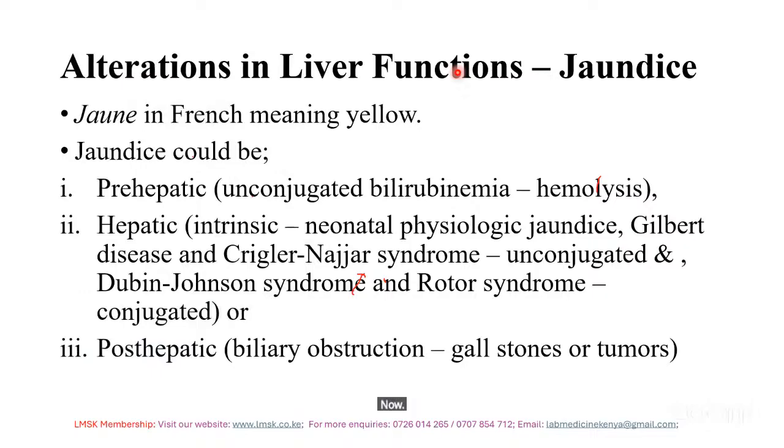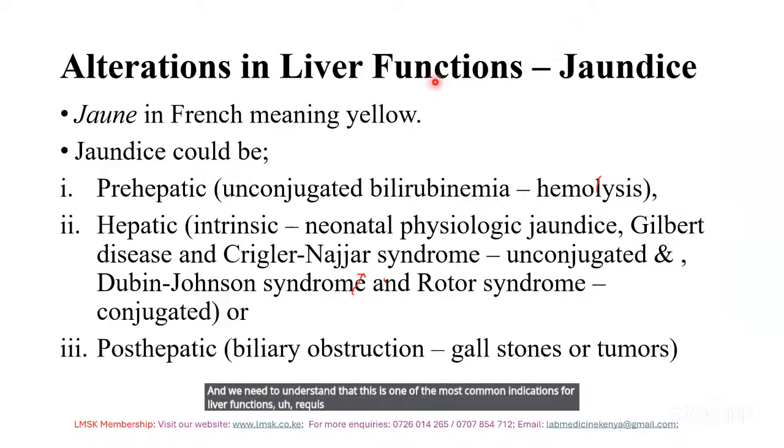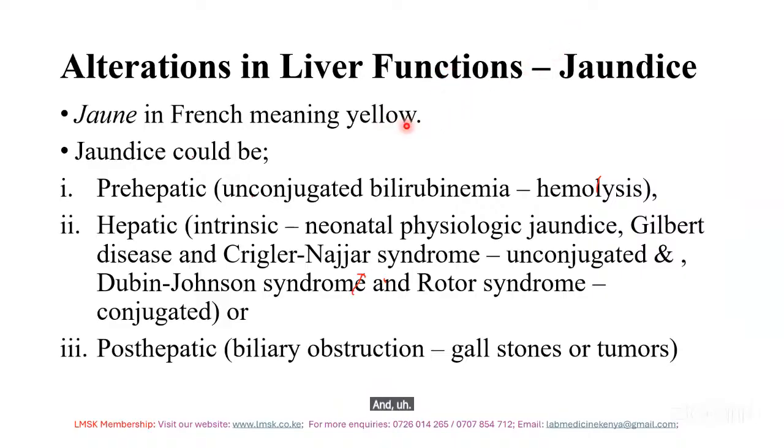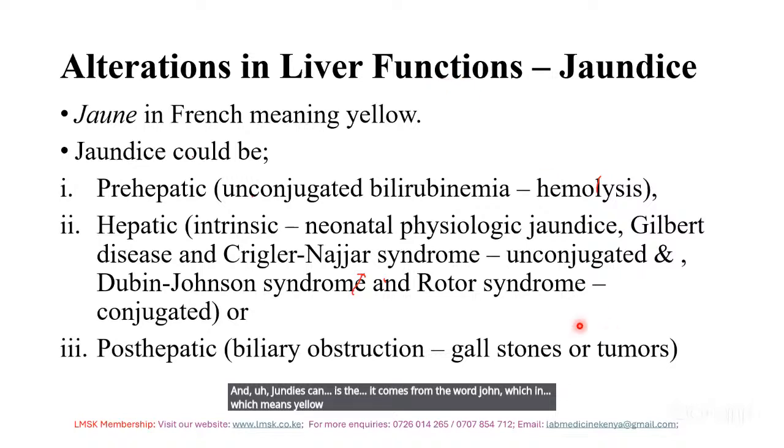Now, on the functions of the liver, this is liver function tests. We can do an assessment for jaundice, and we need to understand that this is one of the most common indications for liver function requisition. Jaundice comes from the word jaune, which means yellow in French.